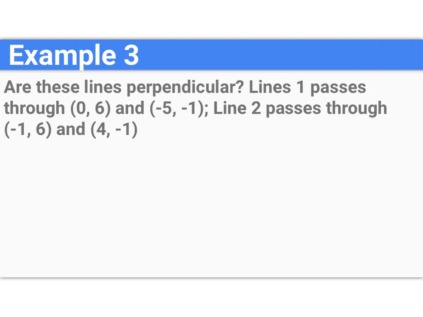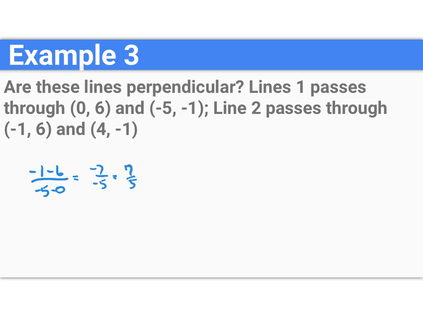Okay, now look at this. We have points on a line. Line 1 passes through these 2 points. So let's find the slope of the line. -1 minus 6 over -5 minus 0 will give us -7 over -5, which is 7/5.